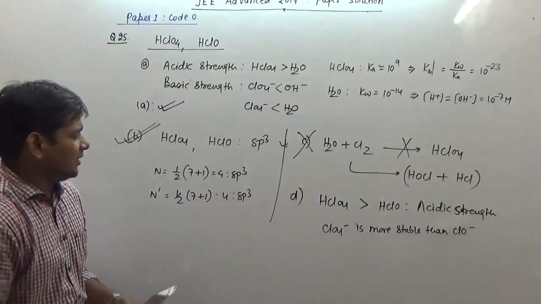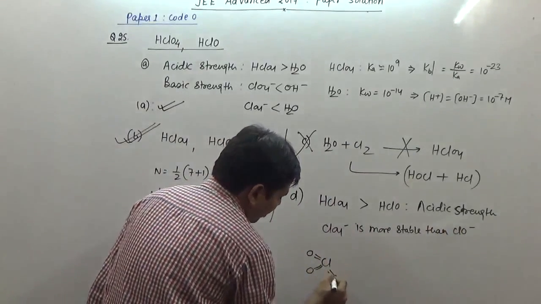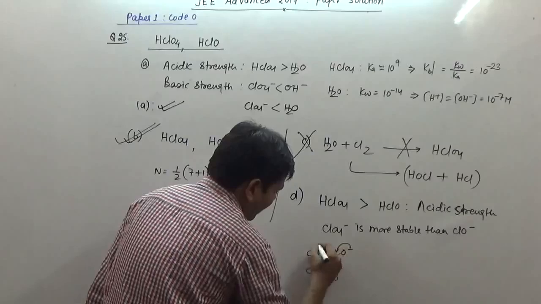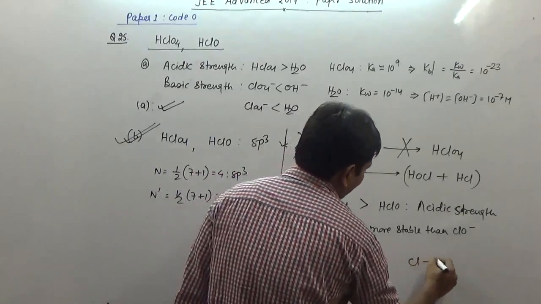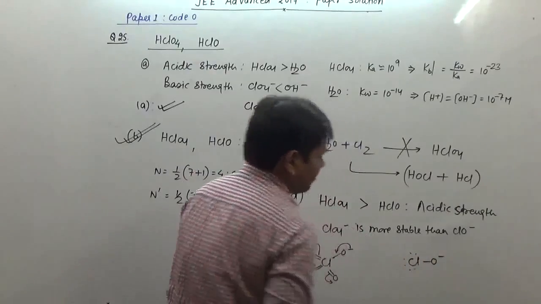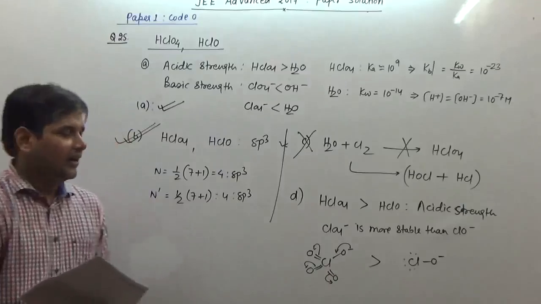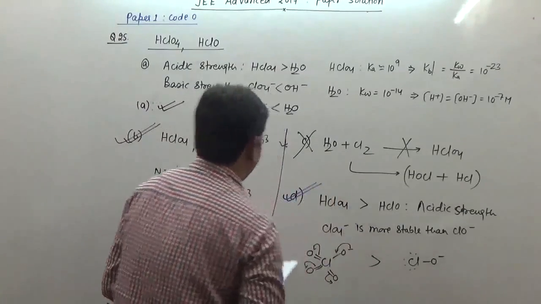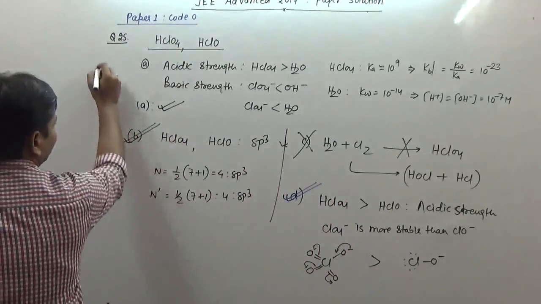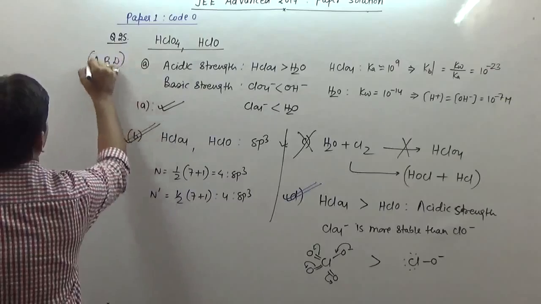You can see that here the minus charge is more resonance stabilized with double bonds, whereas in ClO minus there is no resonance stabilization of the minus charge. And since the conjugate base is more stable, the acidic strength will be higher. So again D option is correct. So here the correct answers are A, B and D.